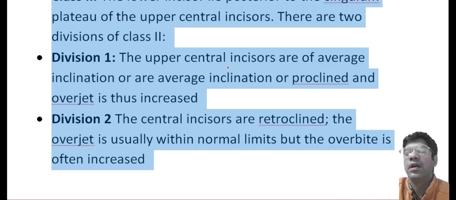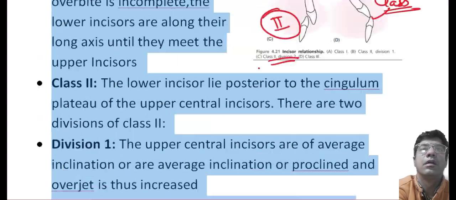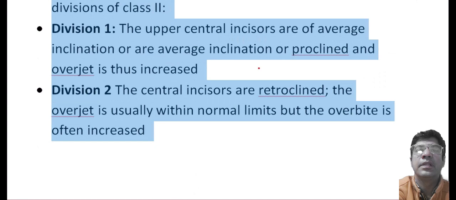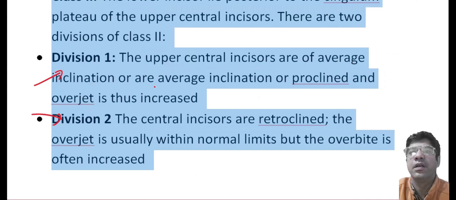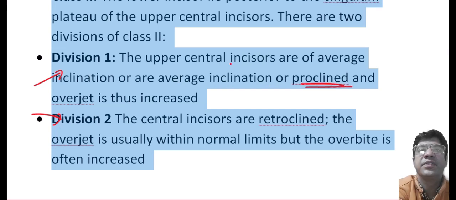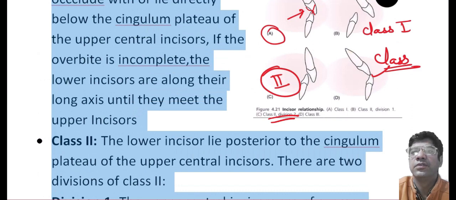So in class 2, that is categorized into division 1 and division 2. In division 1, the upper central incisors are of average inclination or pro-inclined, and the horizontal distance, the overjet, would be increased. So the upper is pro-inclined and this horizontal distance would be increased.